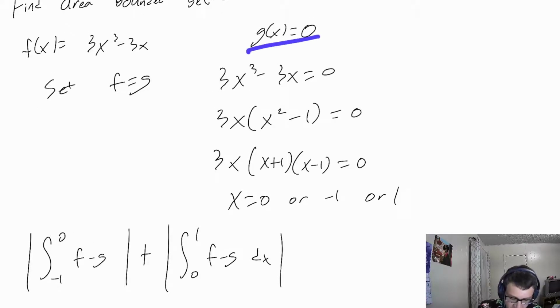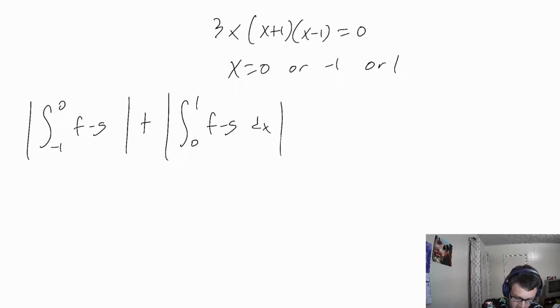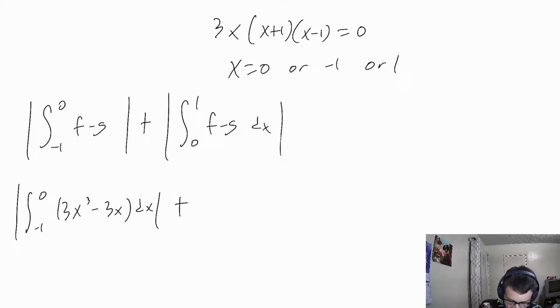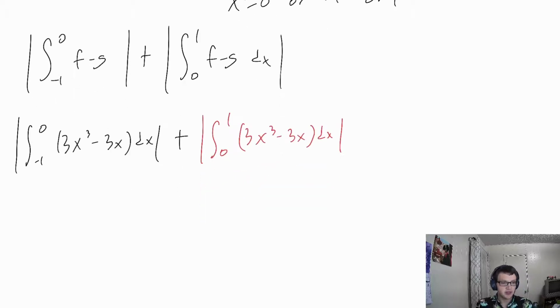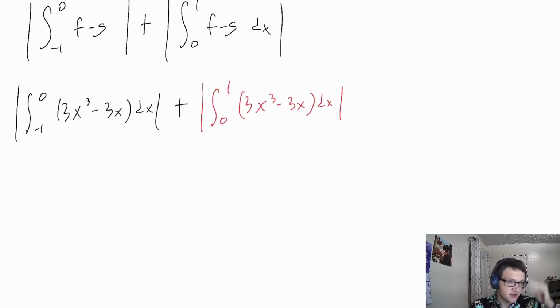Well, g of x is 0, f of x is this, so f minus g is 3x cubed minus 3x. So you have an absolute value of the integral from -1 to 0 of 3x cubed minus 3x dx, plus, and I'll use a different color here because I'll solve these separately, plus the integral from 0 to 1 of 3x cubed minus 3x dx, all in absolute value. So let's focus on this left one, this one in black here, and I'll solve it first, and then I'll move on to the right one.